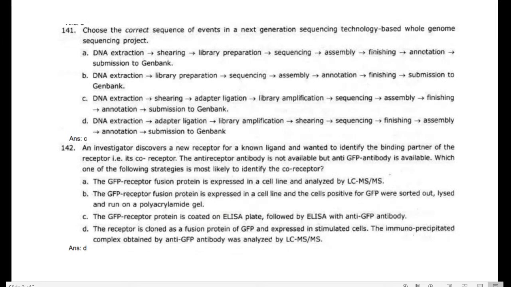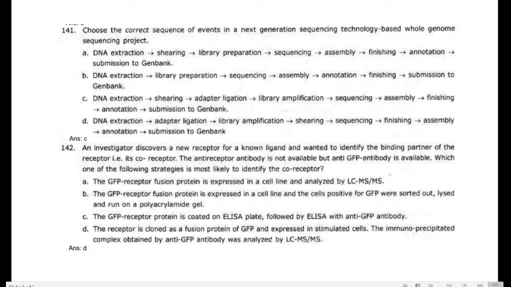First question: choose the correct order of events in next generation sequencing. We want to understand next generation sequencing clearly. If you are a biotechnology student, you may know about next generation sequencing because we studied it in genetic mapping and genetic analysis in biotechnology.